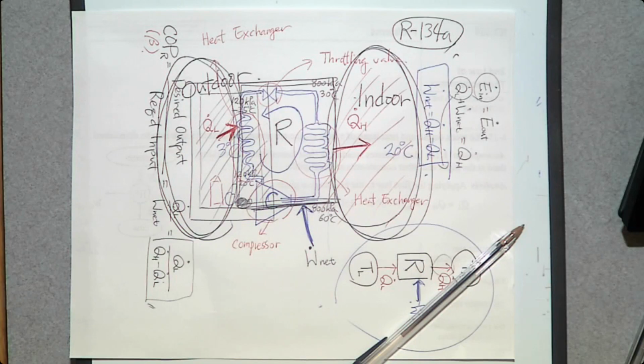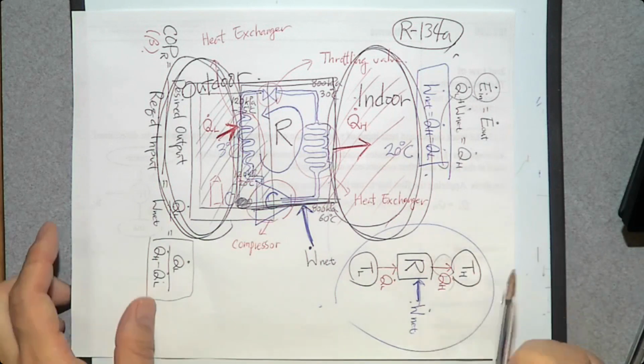The easiest way to understand whether it is expensive or cheap is to compare with a reference. What is the other device to heat your house if you don't have a refrigerator? A conventional heater. So let's compare this one with a conventional heater.